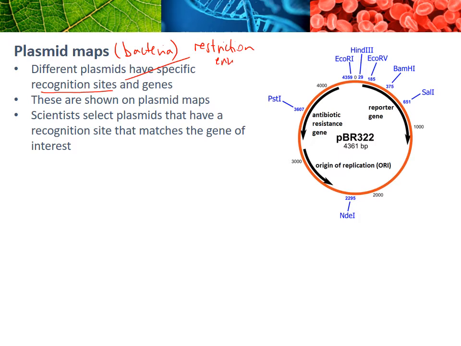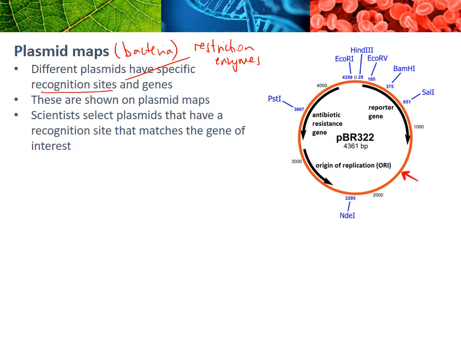This is really important because if we are going to insert a gene, let's say we want to put a gene into this plasmid, we need to be able to cut the gene and the plasmid with the same restriction enzyme.